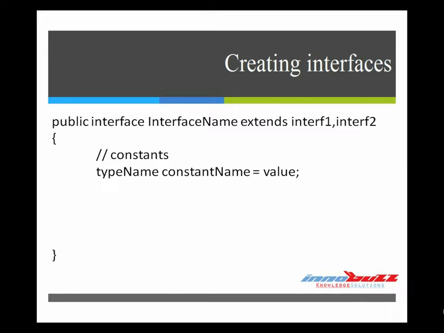We don't even have to add modifiers to these because they are implicitly public, static, and final. So the value of them cannot be changed in any way. That's why we call them constants.